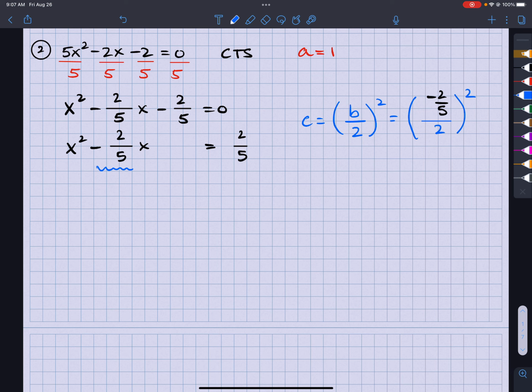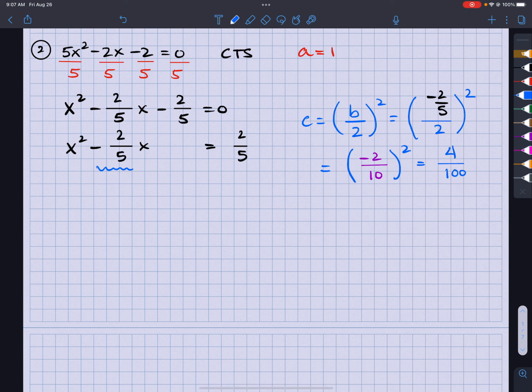And what you will get here when you divide 2/5 by 2 is negative 2/10. I got to square that.